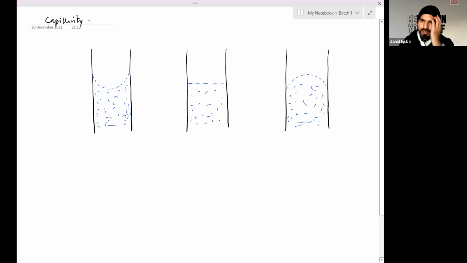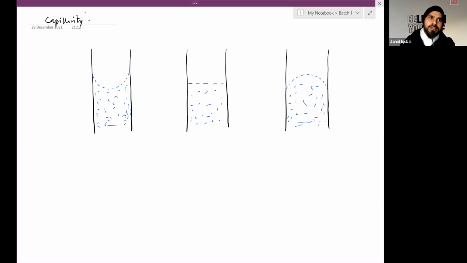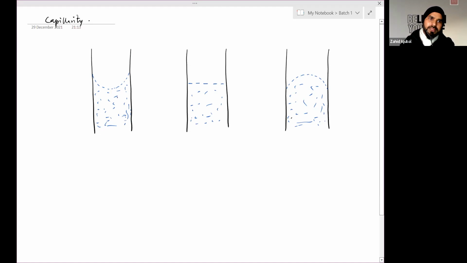In the third part, due to its side interaction, it will tend to decrease its level, so the level of liquid may fall. So due to the interaction between the liquid and the side wall of the capillary tube, the rise or fall in level of liquid is termed as capillarity.